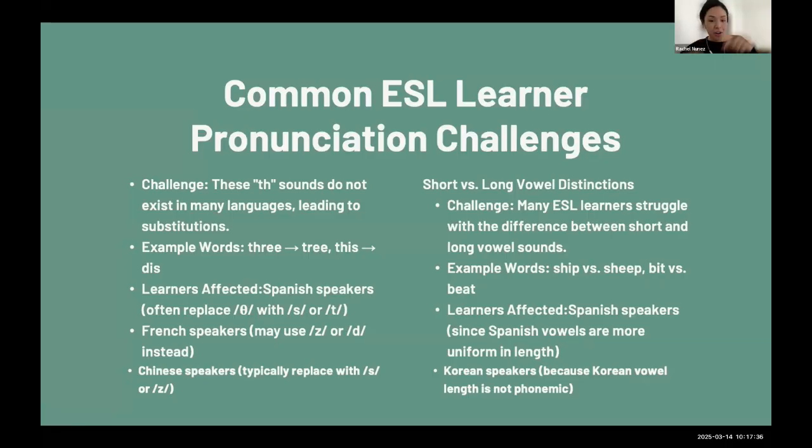And the other one is these. It's the same sound as in sheep. It's a long E sound. So it's this, the sound's coming from my stomach, and these. This, these. Do you hear the difference? So one is a short I and one is a long E sound. Okay, perfect.